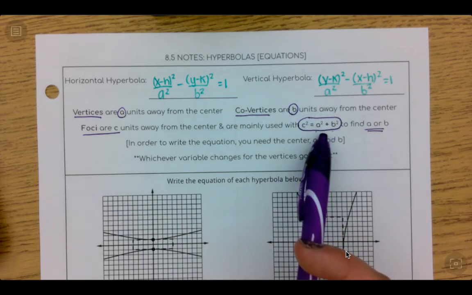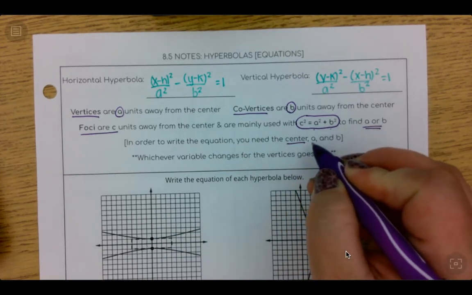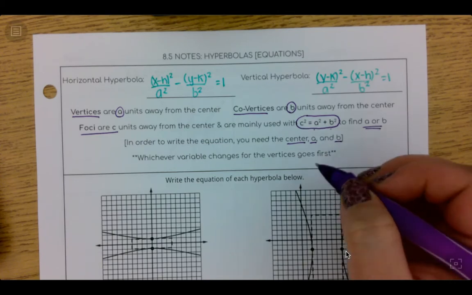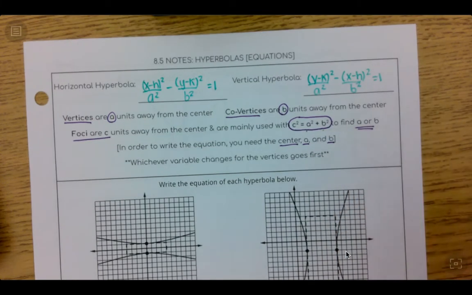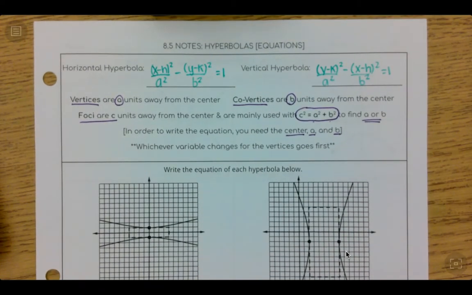In order to write these equations, you need three things: the center, a, and b. Once you have those three things, it's just a matter of putting everything back into the equation where it's supposed to go. And then one last thing that's going to be probably a little bit tricky for some of us is deciding which one of these two we have.